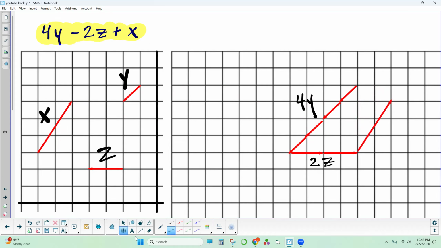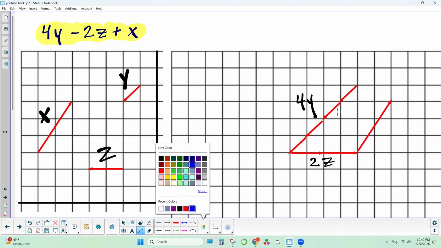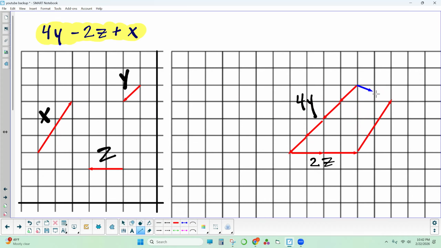And now my resulting vector is going to go from the start to the end, just like that. And I will label this as x, and my resulting vector is 4y minus 2z plus x.